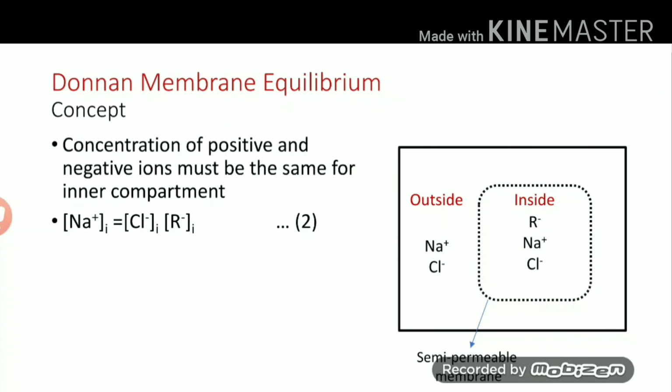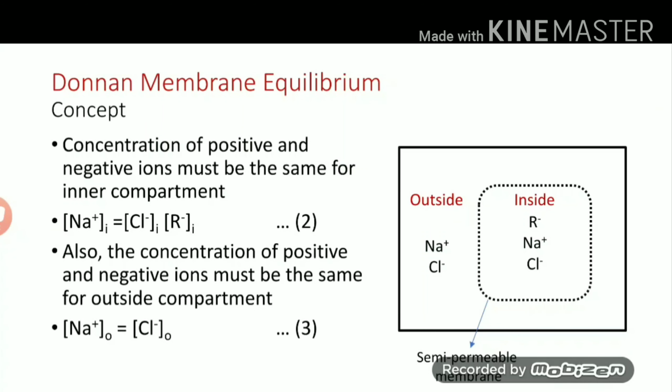Hence, Na positive inside is equal to chloride negative inside plus R negative inside. Also, the concentration of positive and negative ions must be the same for the outside compartment. Hence, Na positive outside is equal to chloride negative outside.